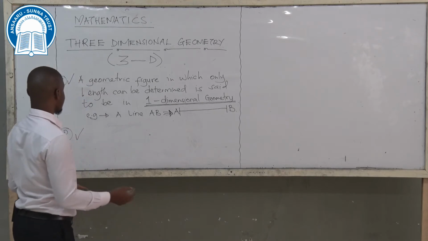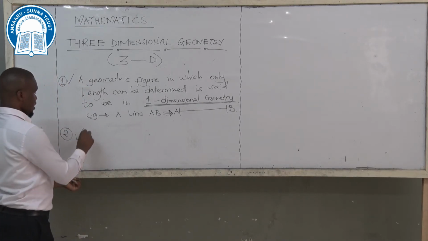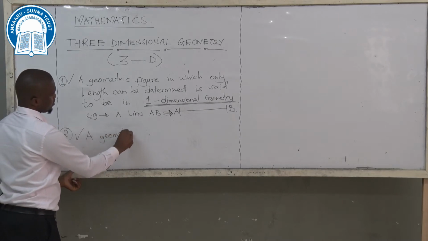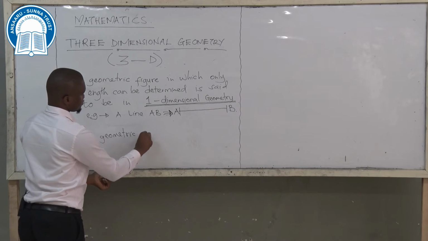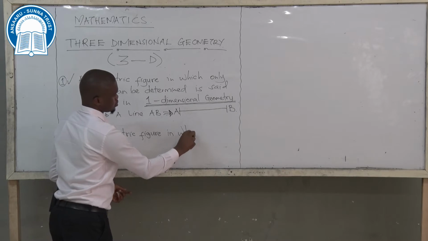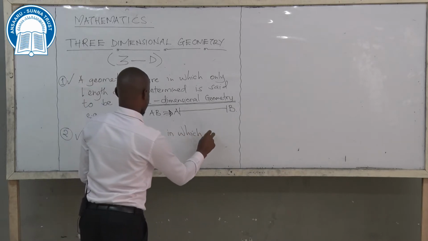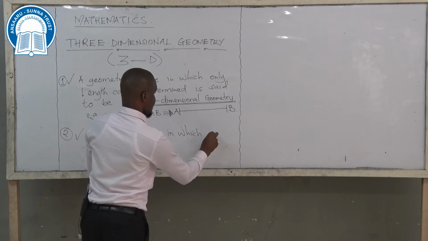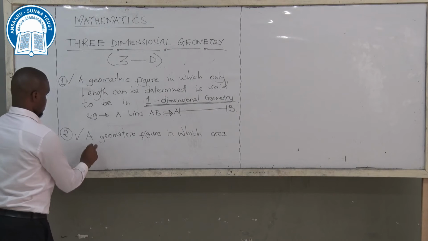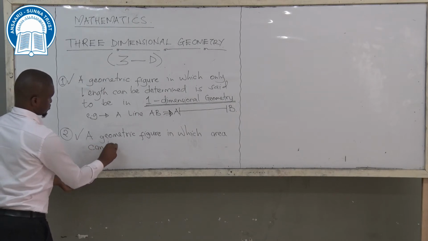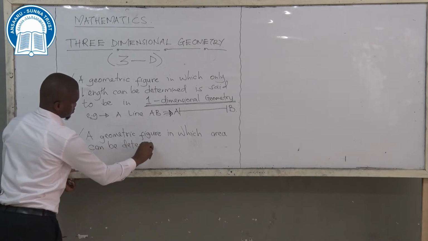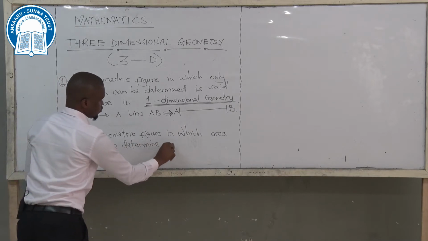Then secondly, we also have two-dimensional geometry, and this is a case where a geometric figure in which area can be determined and not volume.